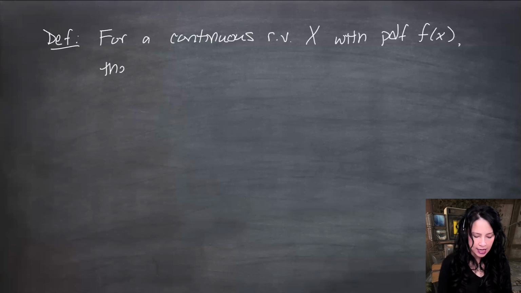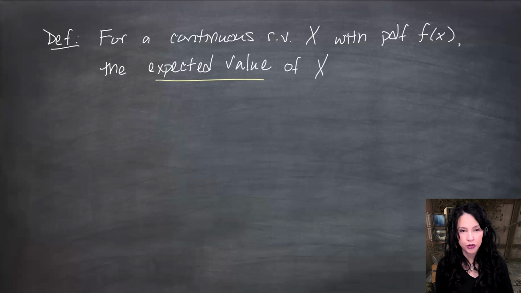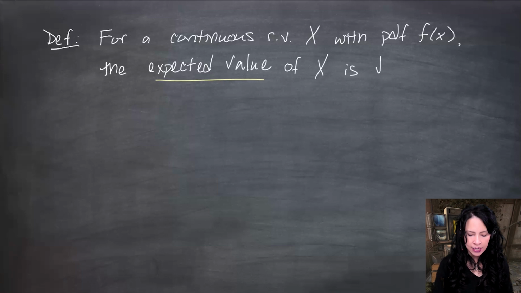The expected value or expectation or mean, I'm just being a little lazy to write all three, of X or of the underlying distribution, like we could talk about the expected value of the exponential distribution, is denoted and defined as follows.